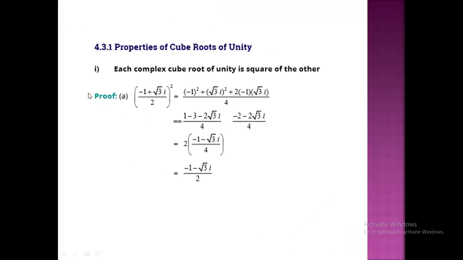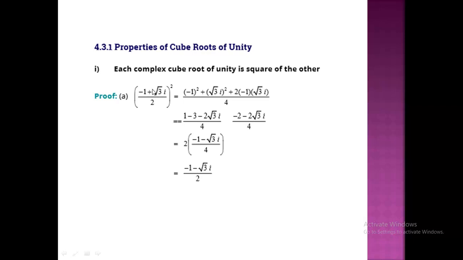Next is properties of cube root of unity. Each complex cube root of unity is the square of the other. Complex roots, we know that one is in plus form and the other is in negative. If we square the plus value, the answer is in negative.